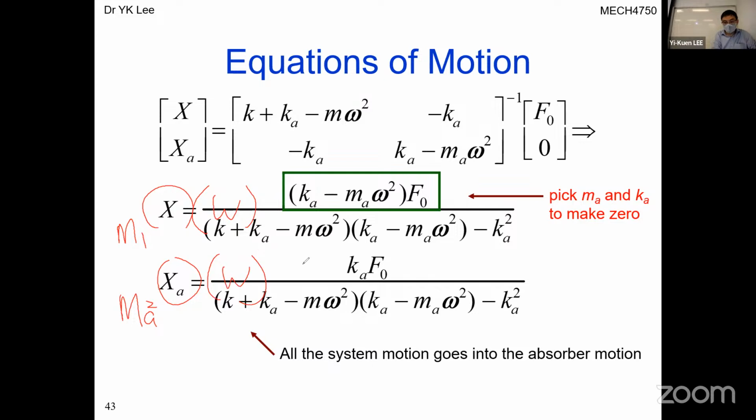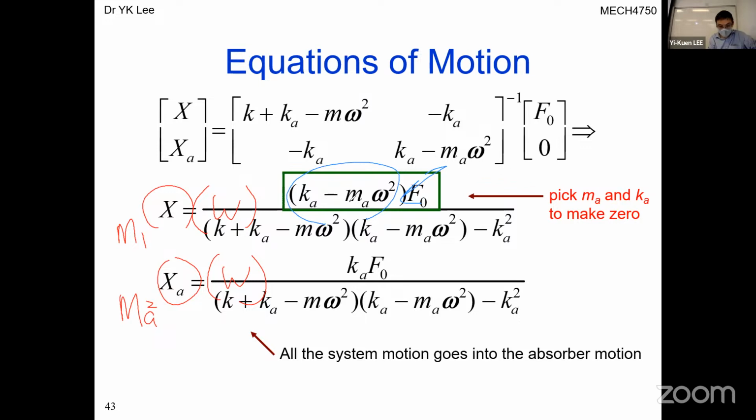In particular, what we care about is, once we add this additional mass MA, how can we minimize the vibration of the original mass? We need to think about how to reduce the vibration amplitude of M1 to 0.